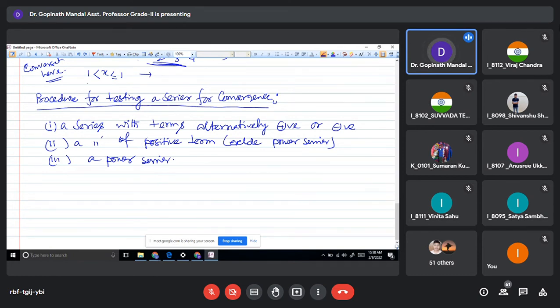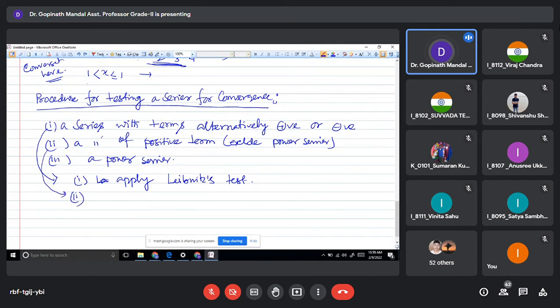Okay, so if it is an alternating series, then apply the Leibniz test. If it is not a power series, it is the second case, a positive term series.